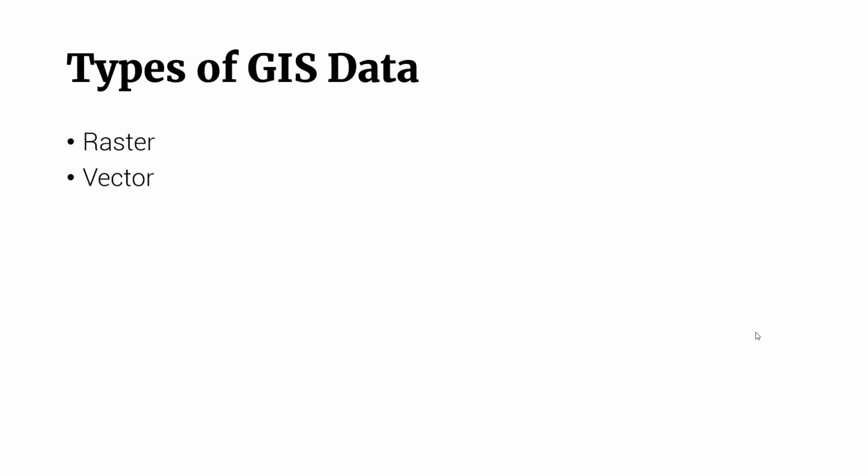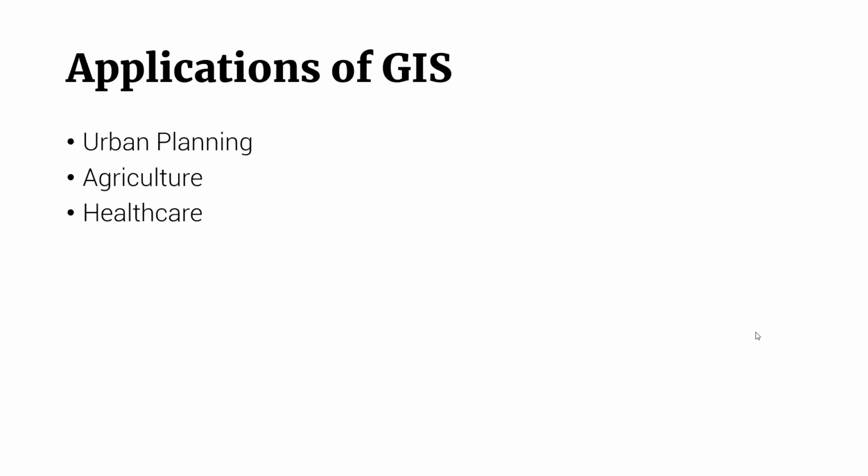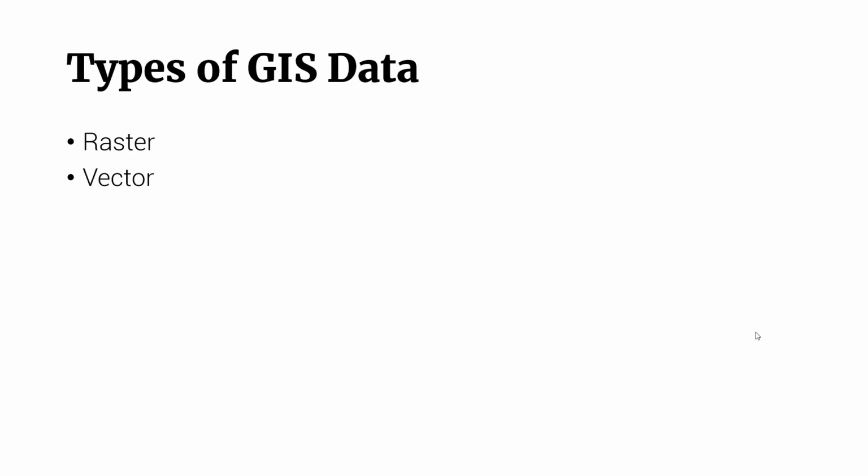Raster data utilizes a grid-based format. On the other hand, vector depicts discrete data like roads, boundaries, or land parcels. It utilizes points, lines, and polygons to represent geographical features. So raster, basically these are images. Vectors, these are the roads, the boundaries, the points, the lines, and the polygons that represent geographical features.